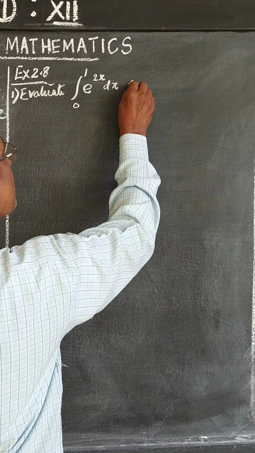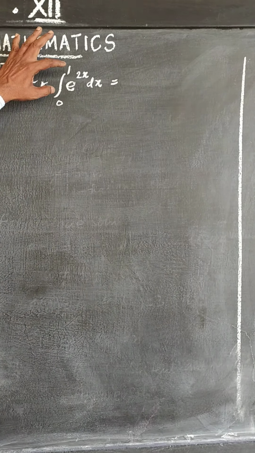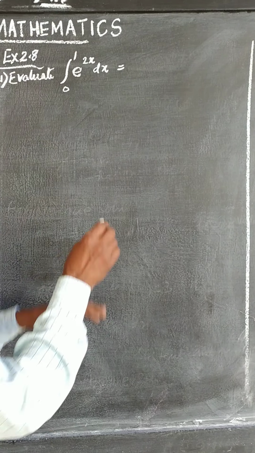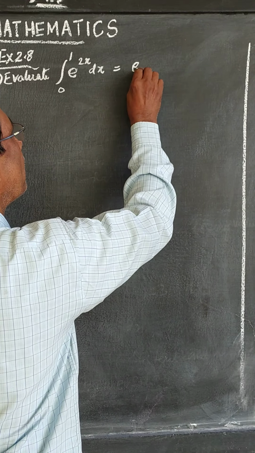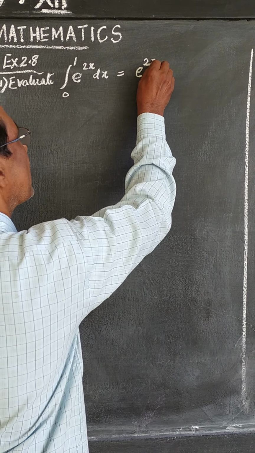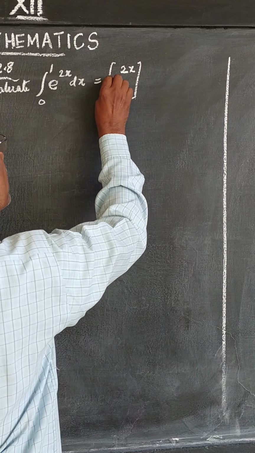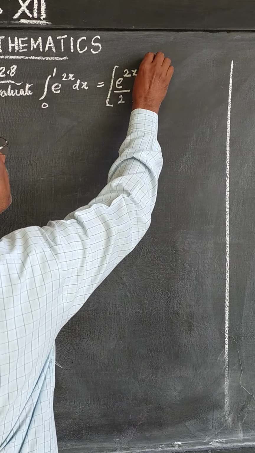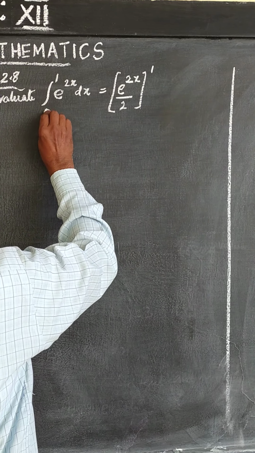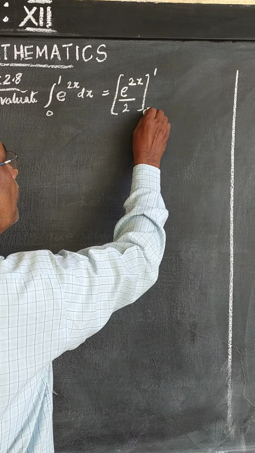Now, we know the integration of e to the power of mx is e power mx by m. Here the upper limit has to be taken at the top and the lower limit at the bottom.